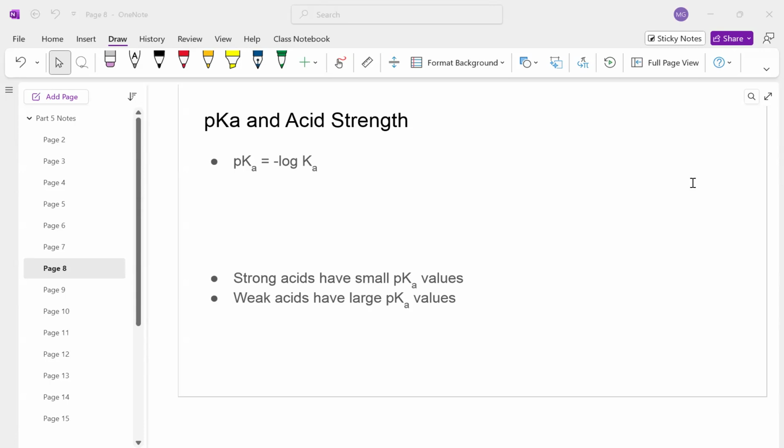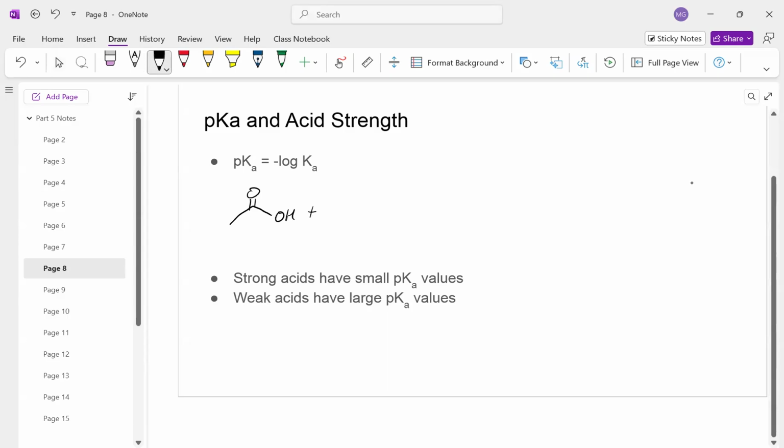So just to review, in an acid-base equilibrium, the way we could determine the strength of an acid is by looking at to what degree that acid dissociates. To what degree does it donate that proton?